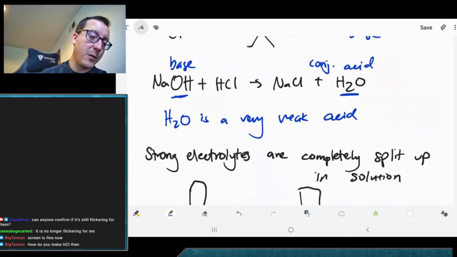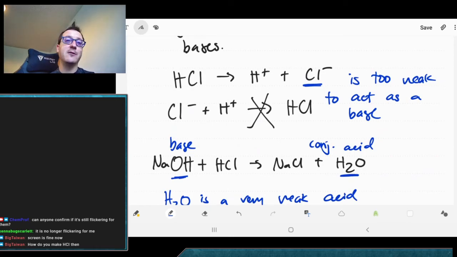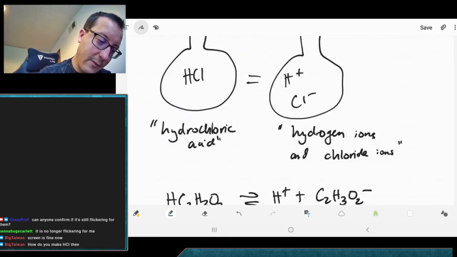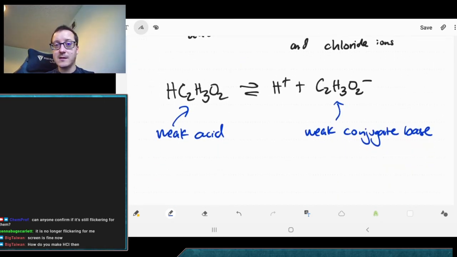But consider that the chloride one is so weak that it can't even act as a base. So chloride will never act as a base. However, acetate can certainly act as a base. It's just a weak base. Obviously, it's not going to be a strong base because then acetic acid would not be acidic at all. It would be a negligible acid like water is. Water is negligible in terms of its acidity, by itself, that is.